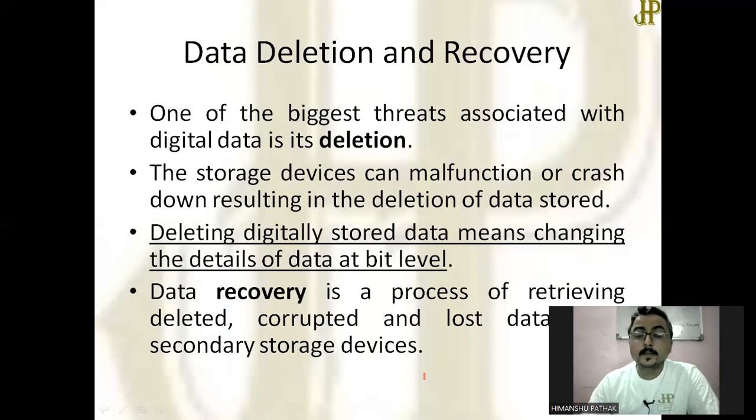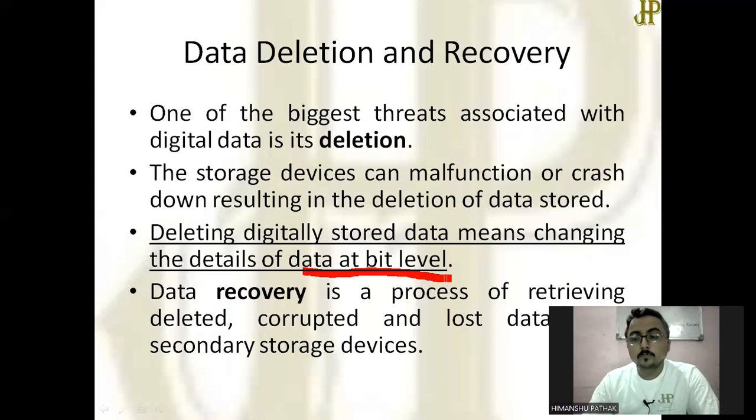So deleting digital storage data means changing the details of data at bit level. If you have made some mistake or some modification at the bit level, then the data cannot be recovered or fetched.